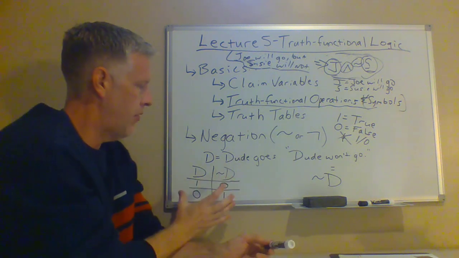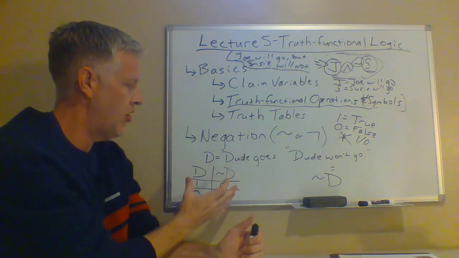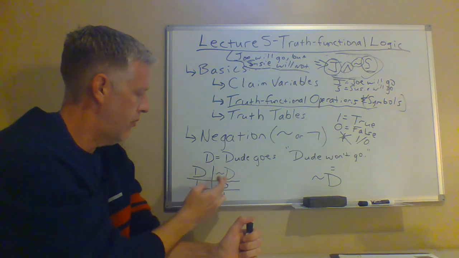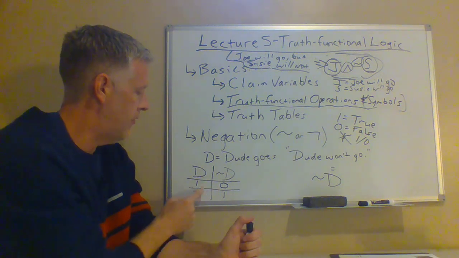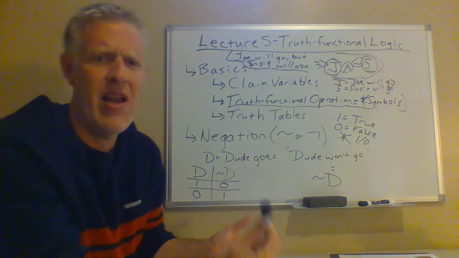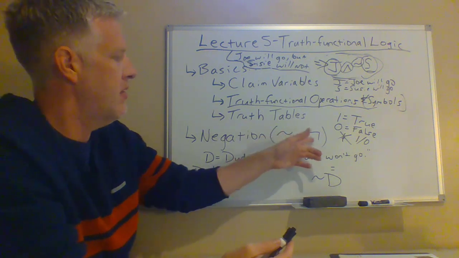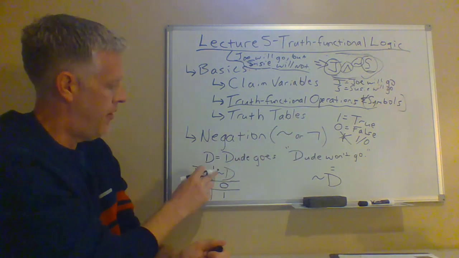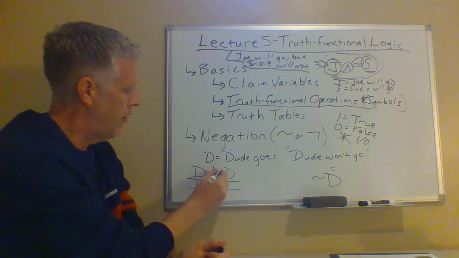So hopefully the truth table makes sense for a basic negation. If "dude goes" is true, then "dude won't go," which is what's being implied by this logical notation, is going to be false. But if "dude goes" is false, then "dude won't go," or it's not the case that dude goes, is going to be true. And I should have mentioned that either one of these symbols works for negation. Instead of this, I could have done this.